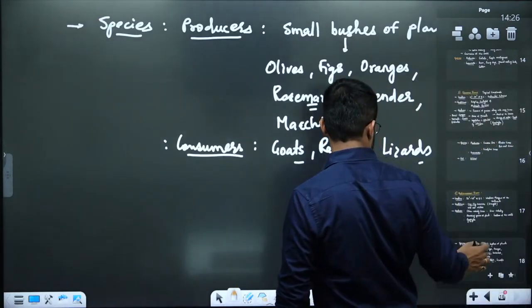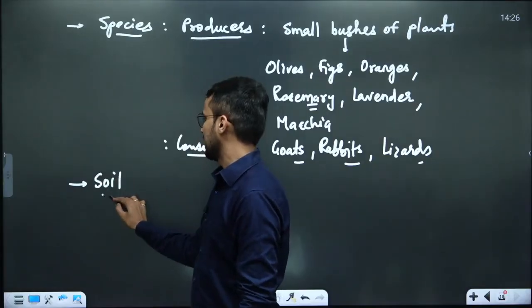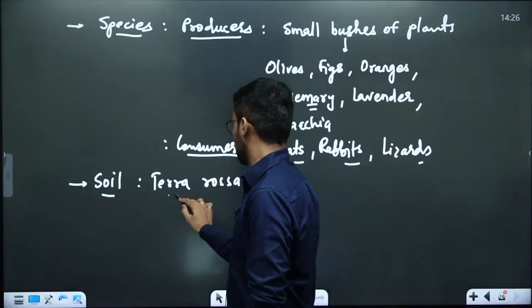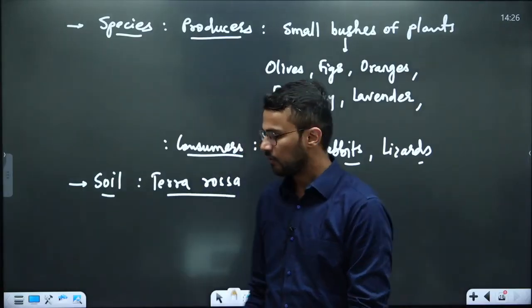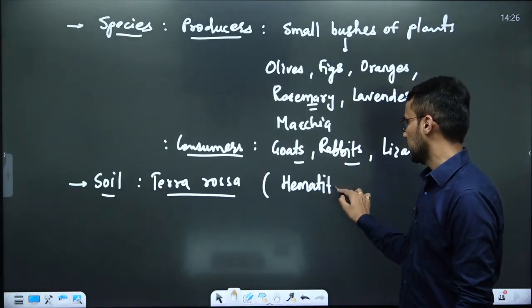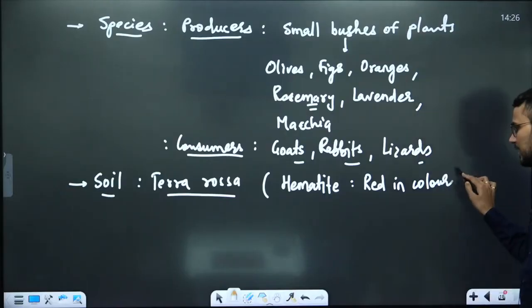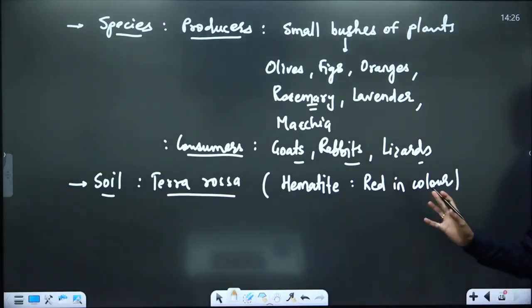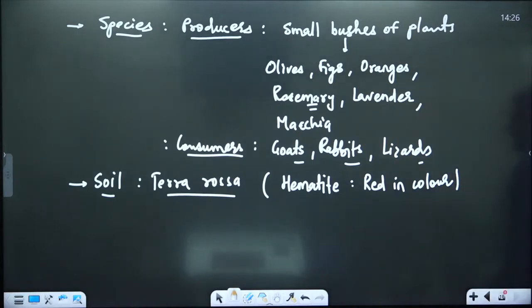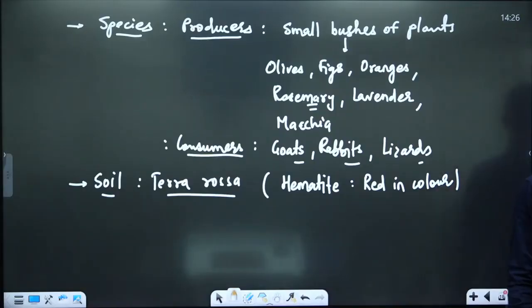Soil is terra rosa. So it is red in color because of the presence of hematite. Hematite is there in this soil, and that's why it is red in color. Again, an important name. जो भी typical नाम आया है अपने discussion में, that would be important from your exam point. ठीक है? Laterite, Chernozem, Podzol, Terra rosa. These are the important names that you should remember.